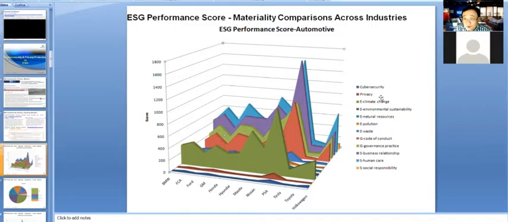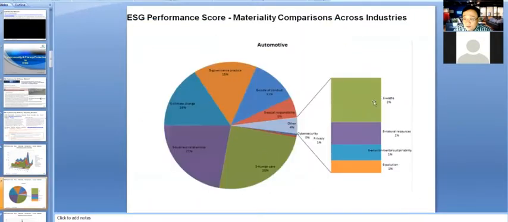I analyzed what portion they actually put into their effort in reporting and disclosing their ESG performance. This is the automotive industry, and you can see that this matter is still a very small portion compared to other portions, like human capital and business relationship management, which are very significant. The percentage for cybersecurity and privacy protection differs across industries.